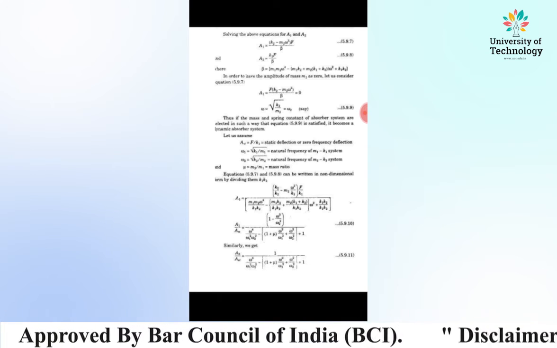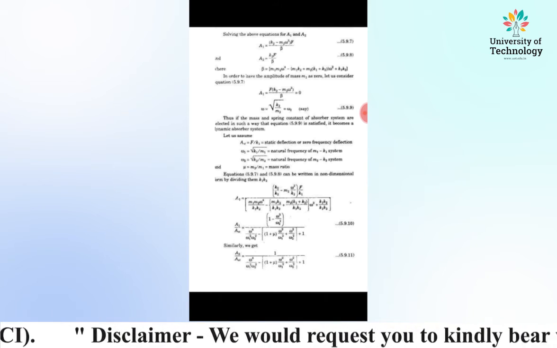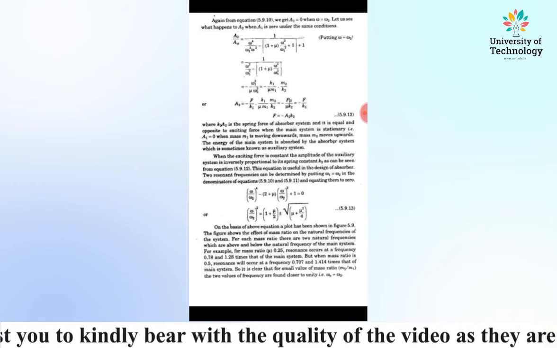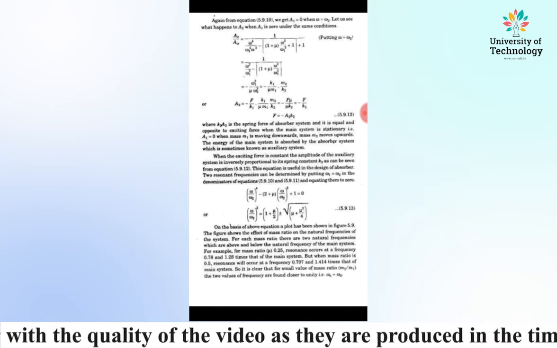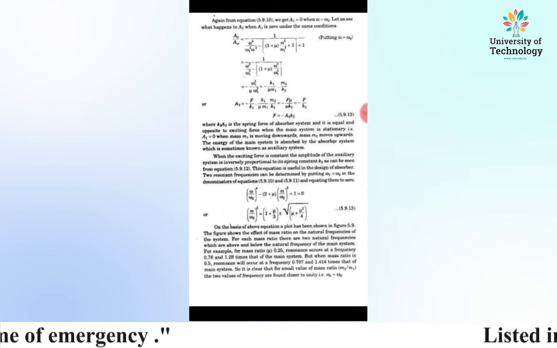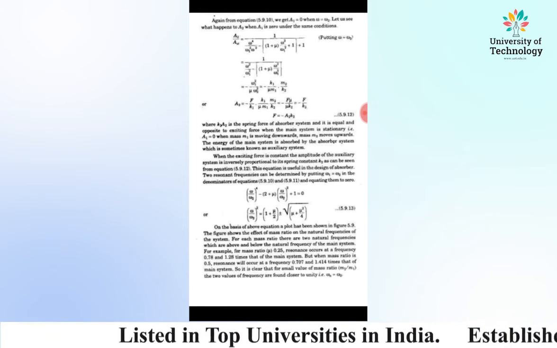Then we get A2 upon A static, which is equal to minus omega 1 square upon mu omega 2 square, that is equal to minus k1 upon mu m1 times m2 upon k2.